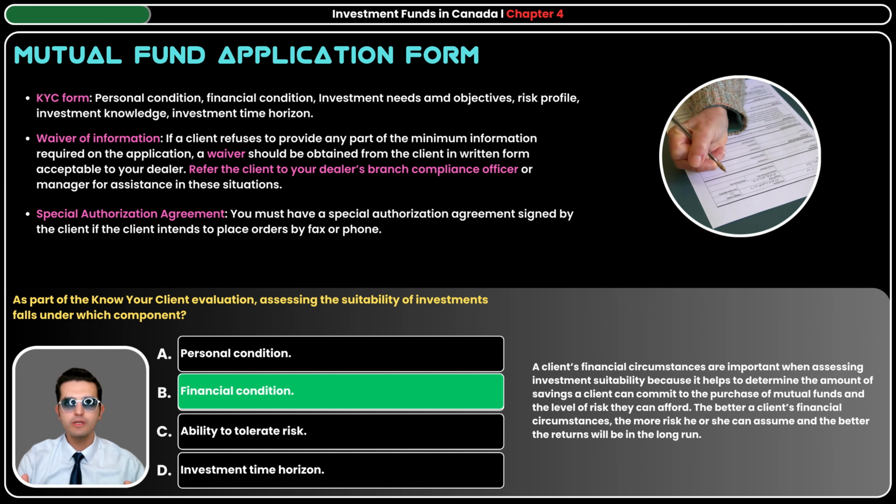So the mutual fund sales rep has an idea of the financial condition and can make the decision of the suitability. Okay, so the right answer is B. Feel free to read the white text on the right. Great, let's get to the next topic.